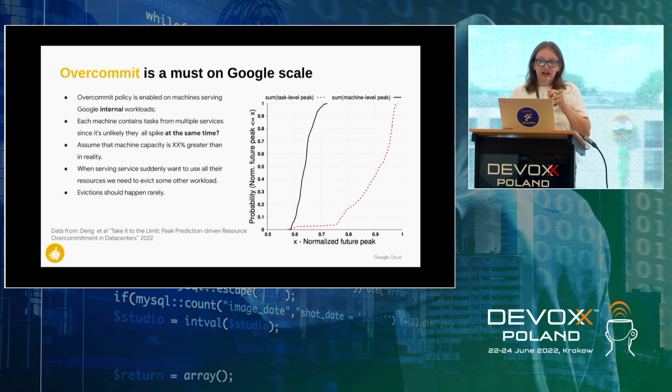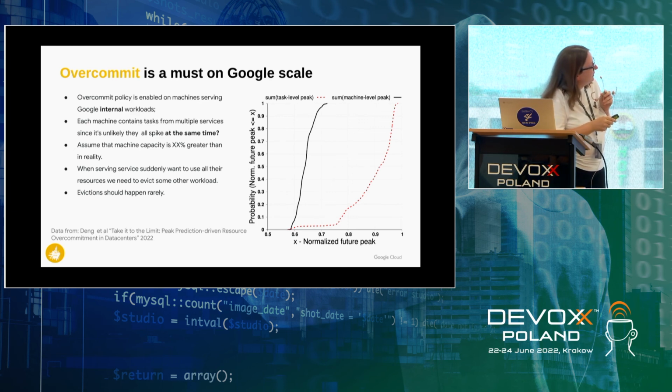So in this graph, you can see cumulative plots. The black line is the sum of peaks, and the dotted line is the peak of sum.